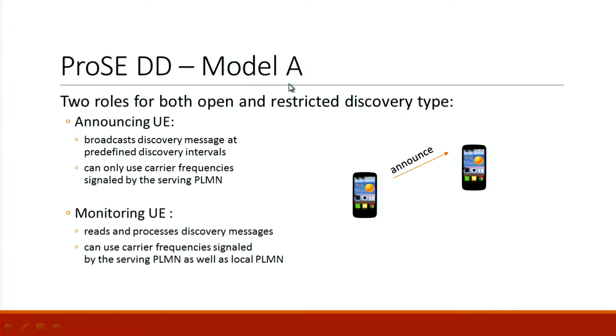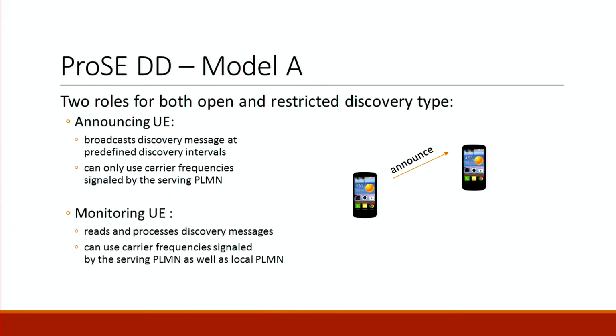This, of course, gives two different roles to devices, if we are using model A. And these models, whether I'm using model A or model B, are mandated by the eNodeB. So the eNodeB may give you permission to use model A only, because it only allows model A direct discovery in its area.